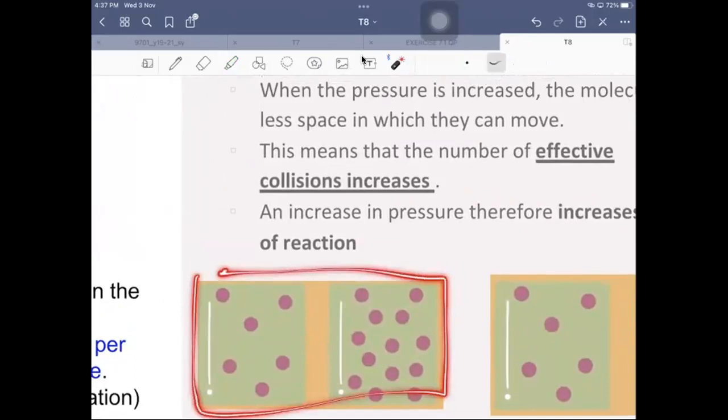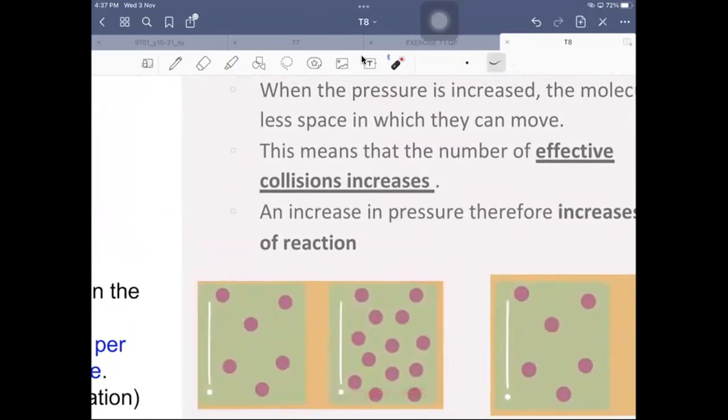That's the same as increasing the concentration, right? If we increase the number of moles or the number of molecules in the same volume of a container. So if I look at A and B, the pressure is higher in B, okay?